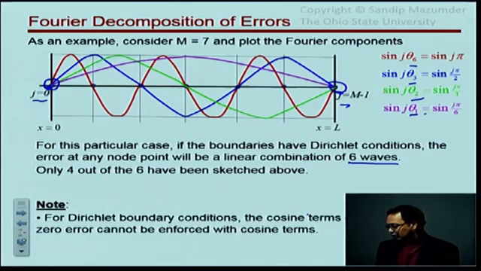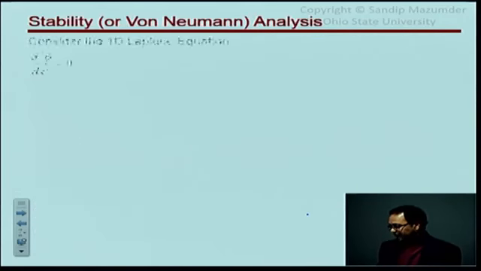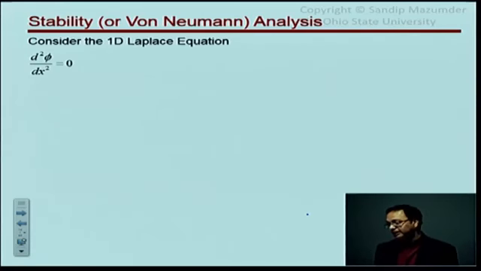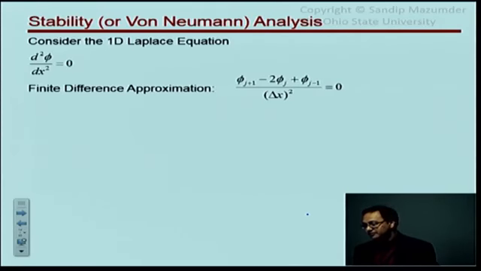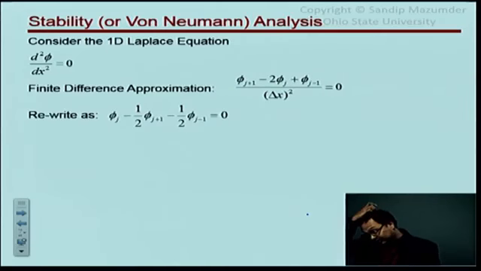So that's that. So let's see how now we can apply that to finding our eigenvalues. We start with a very simple example. Second order ordinary differential equation. Here's our discrete form, finite difference. And I'm just rewriting it in a different way. So phi j minus half phi j plus 1 minus half phi j minus 1 equal to 0.